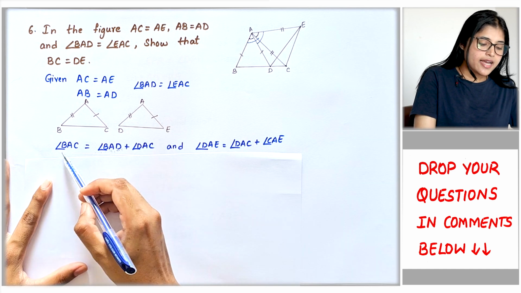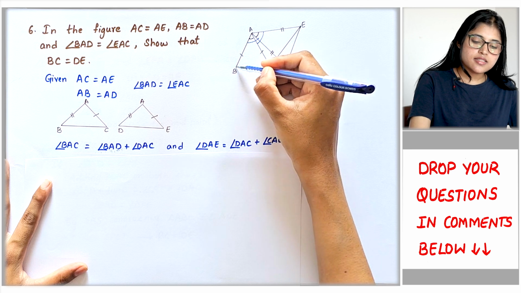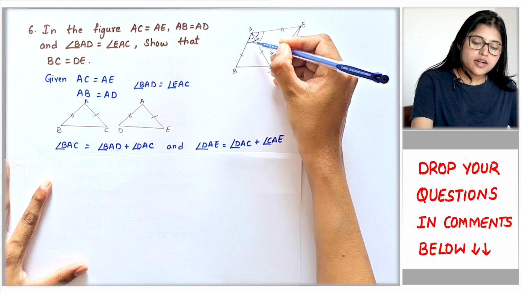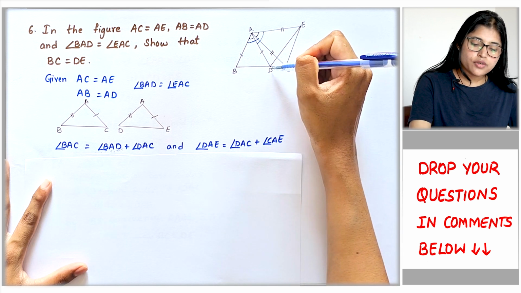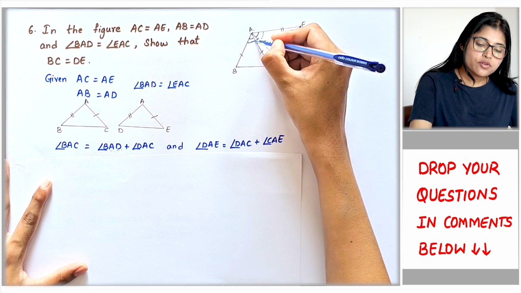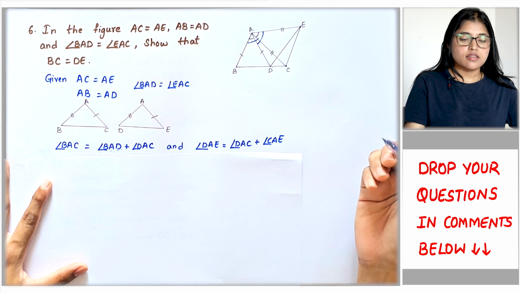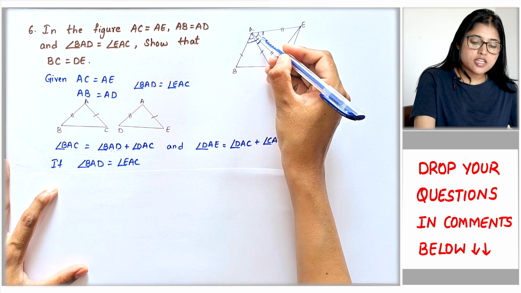I can write angle BAC as angle BAD plus DAC, that is this angle here plus this angle. So this plus this part gives me the whole angle BAC. Similarly, in order to write angle DAE, I need to write it as this one plus this one, which is DAC plus CAE.